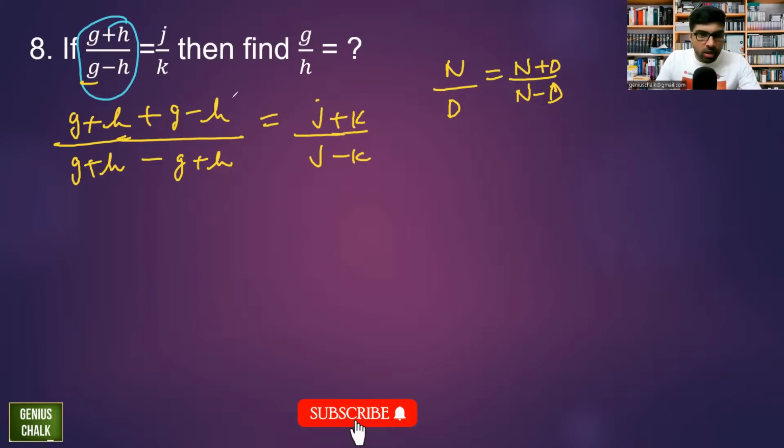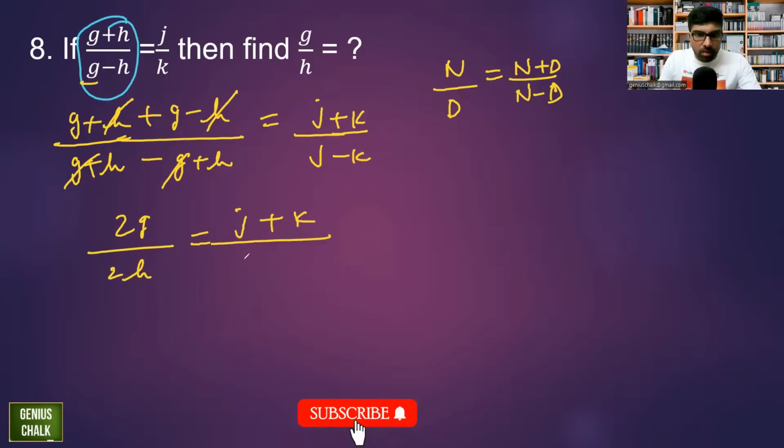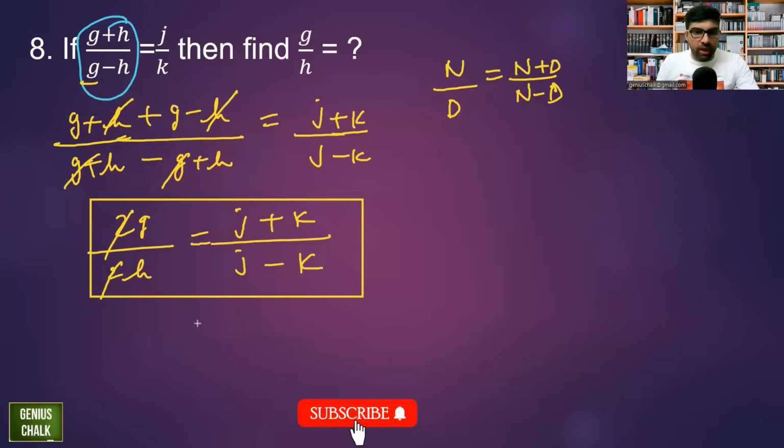Now H cancels, G cancels here, so it is becoming 2G by 2H, and it is coming as (J plus K) by (J minus K), and you can see 2 getting cancelled. So the question which was taking a huge time is solved within a few seconds. So G by H is (J plus K) upon (J minus K).